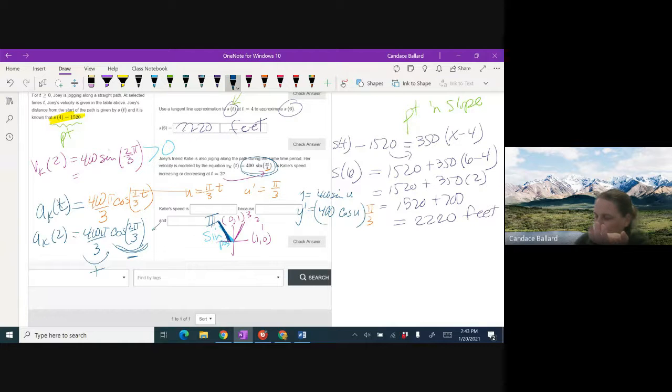A negative times a positive is negative, so it's less than 0. Okay? So is her speed increasing or decreasing? Because my velocity is positive, my acceleration is negative. Most of us are in the right place. We are saying decreasing because the signs are opposite, right?